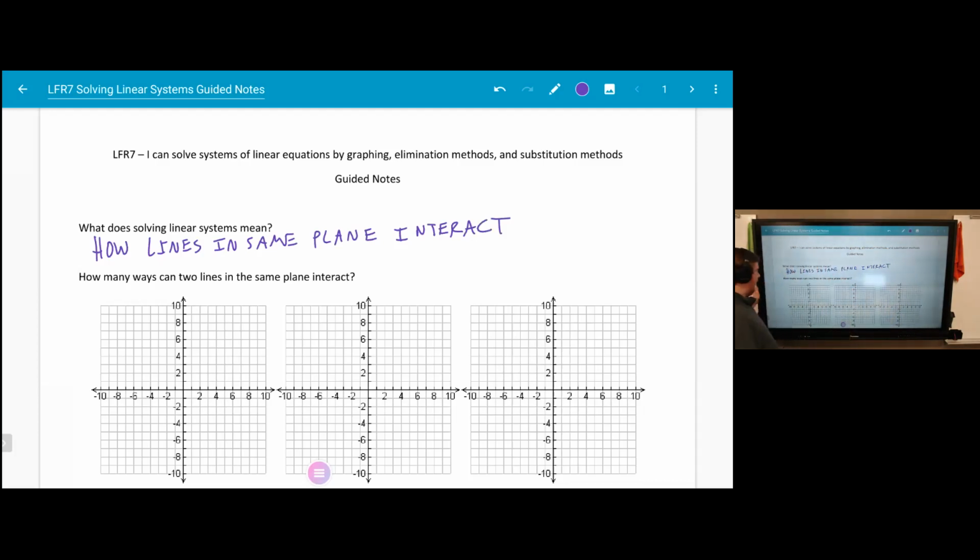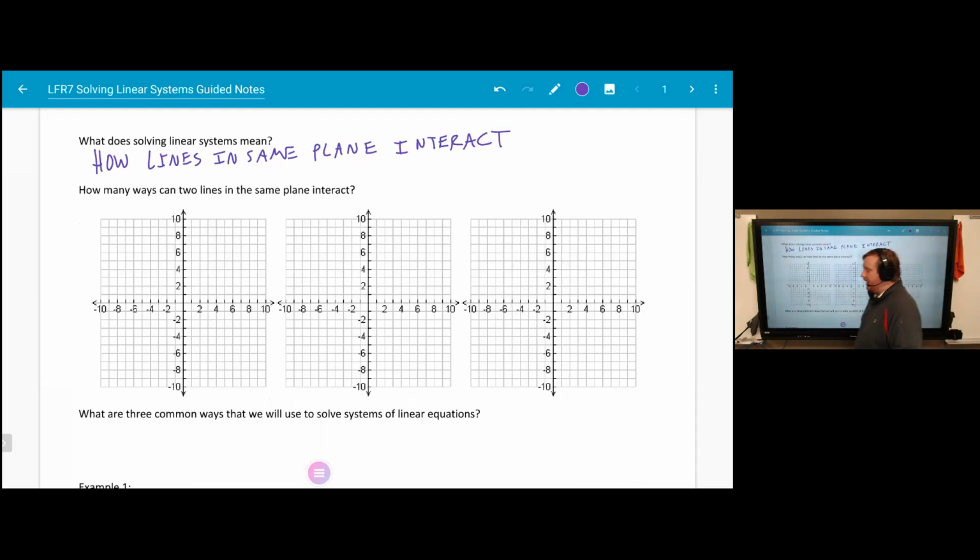And you're saying, okay, well, how do two lines in the same plane interact, Mr. Brayman? I think that's a really fair question, and to that question, I would say there are three different ways.